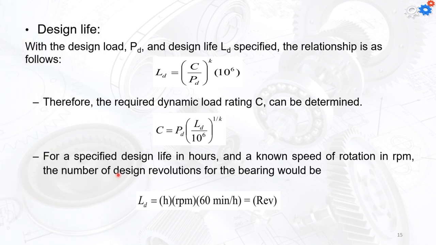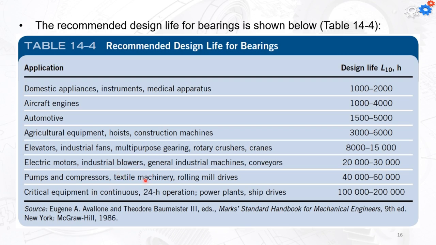Let's continue with the work, and you can see that we have Table 14.4, which is the recommended design life for the bearing. Our machine application can be found here, and then we're going to find the design life. We can take either the minimum, or the average, or mainly the maximum.